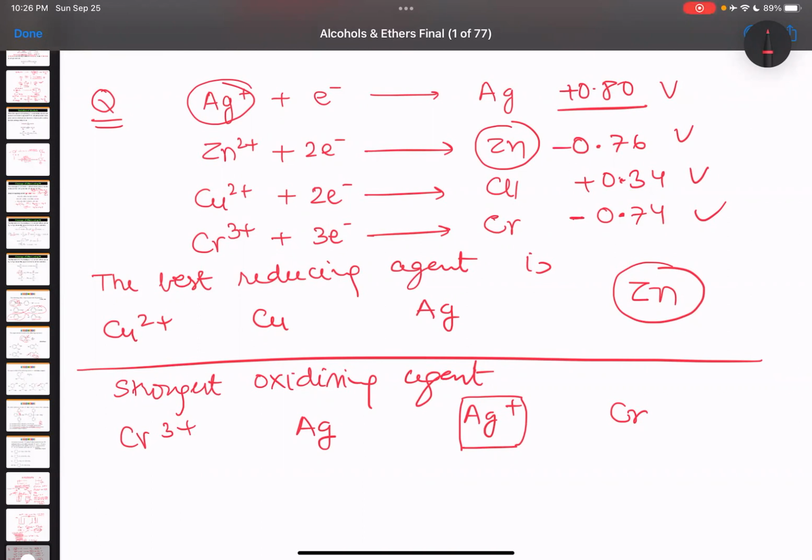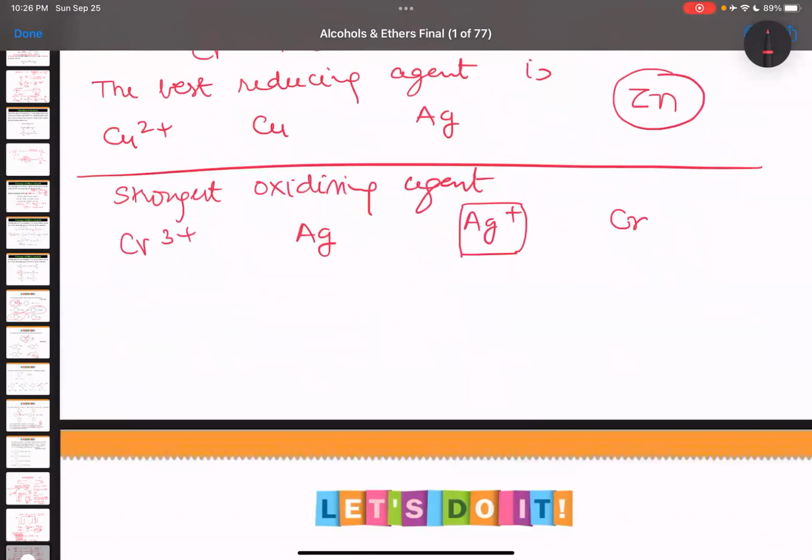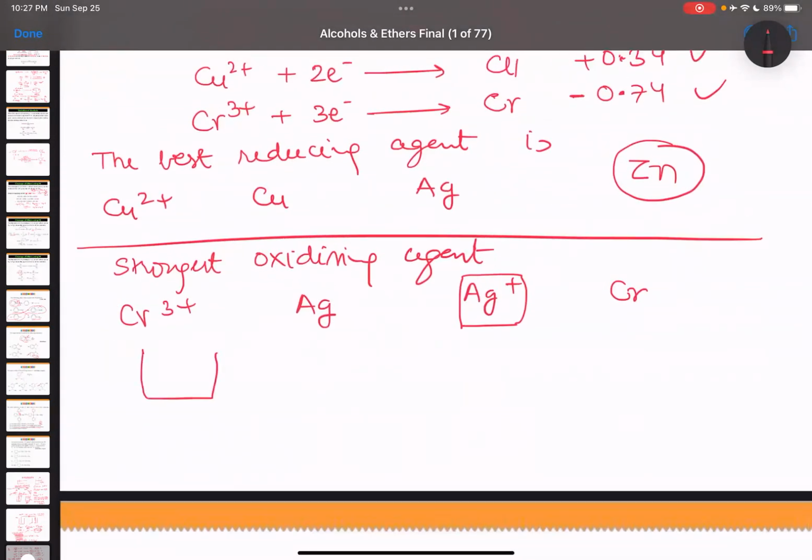Okay. So this is one application. So another application is, can I store zinc sulfate in copper vessel, or do I store copper sulfate in zinc vessel? Tell me.